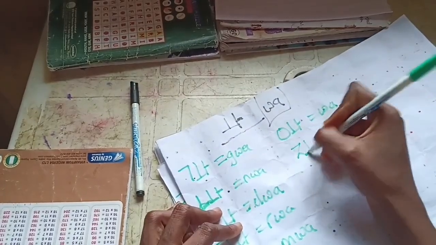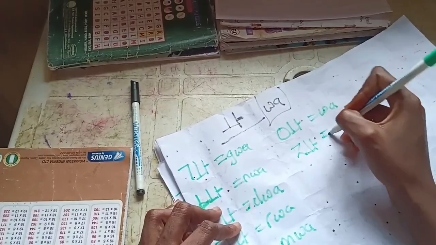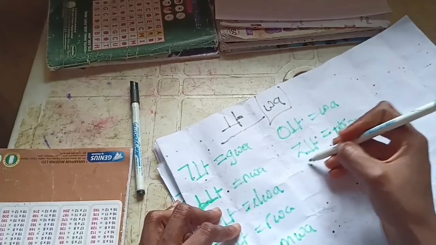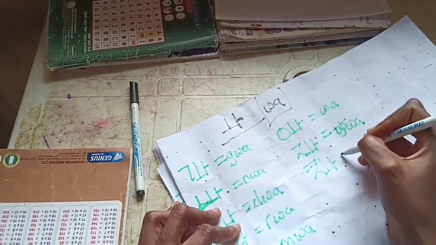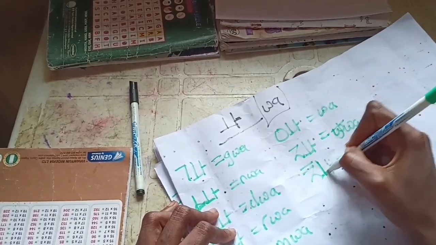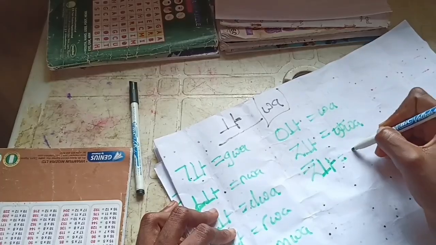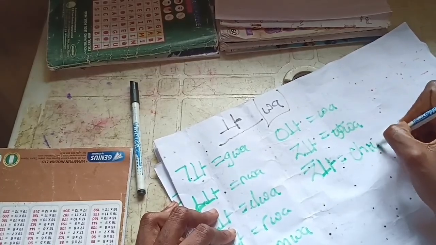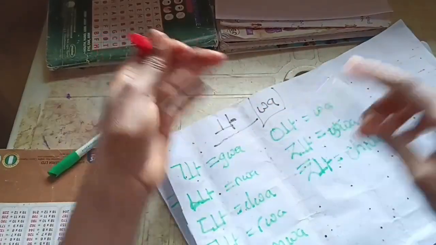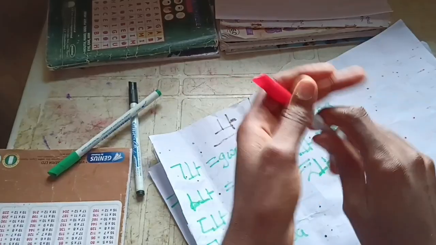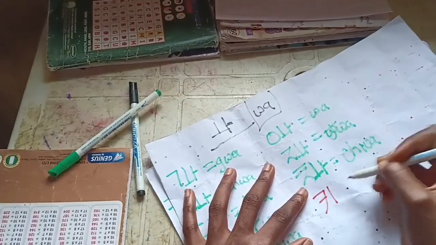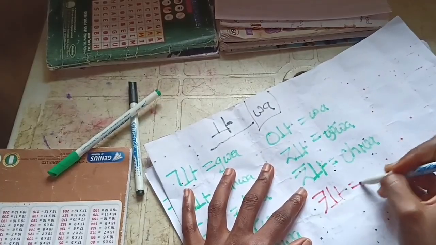And the next one is JWA. I hope you're seeing what I'm writing. CHWA. I think we have to change our marker again. Oh my god, I'm so sorry, guys. The next one is, wow, this really is bright.